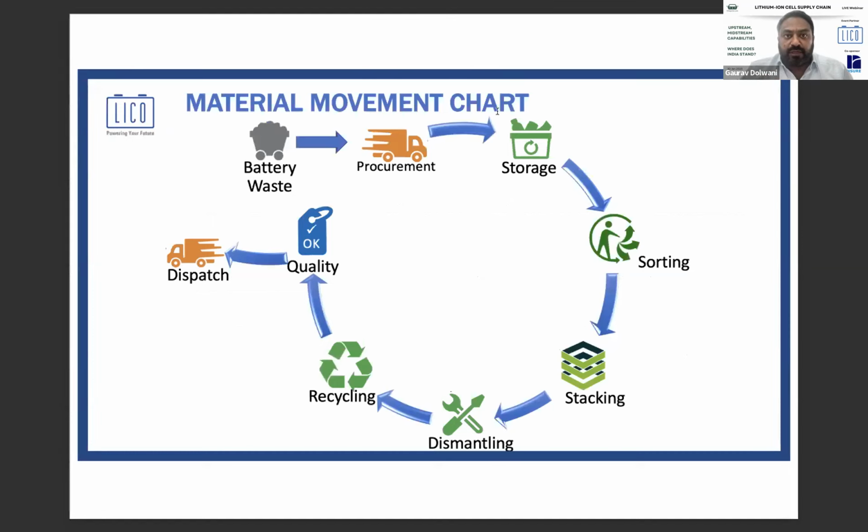Essentially, this is what it looks like, a material movement chart. Once we have battery waste, it will be procured. It comes back to our facility in Mumbai. We store the same, and then there's sorting. We stack them in different piles based on the chemistries. If it requires dismantling, such as EV batteries, we do the same.